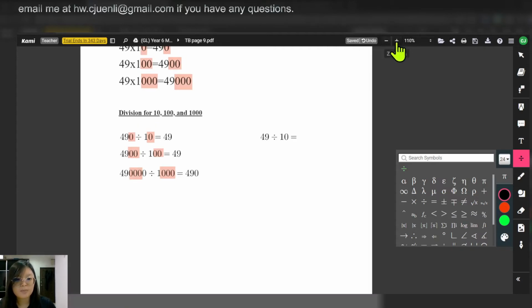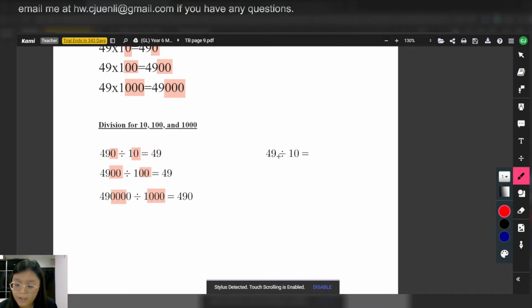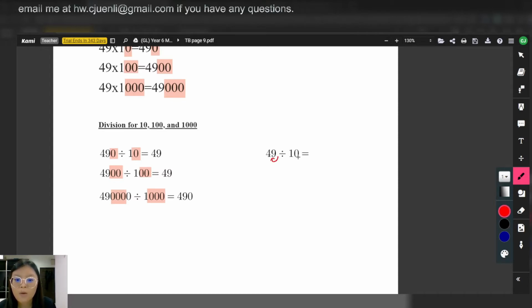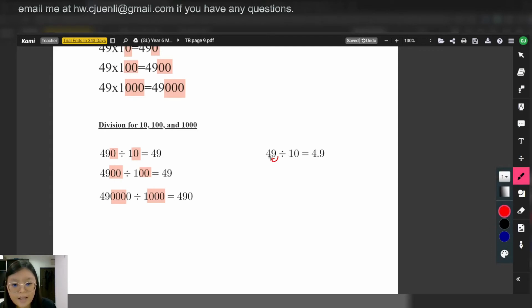So let me just zoom in quickly. Look very carefully. I'm gonna take from the right of the last digit over here and draw an arrow right inside this. So when there's 1 zero, you move one placement. So your answer will actually be 4.9.